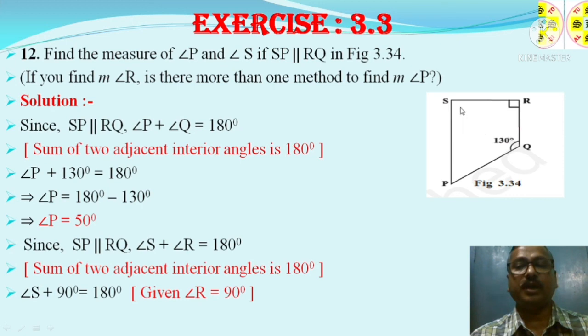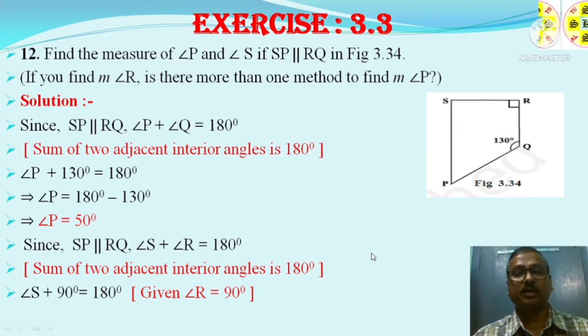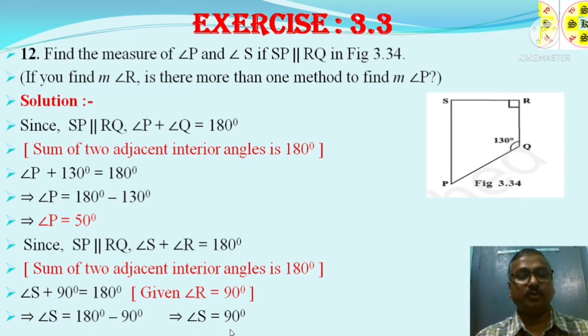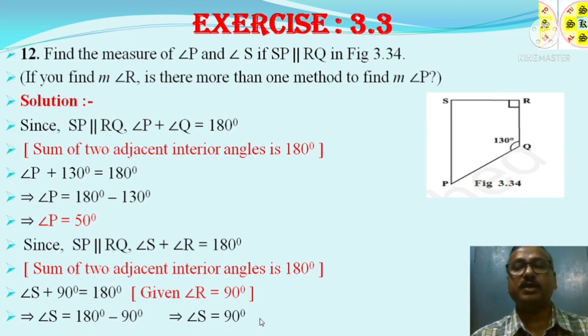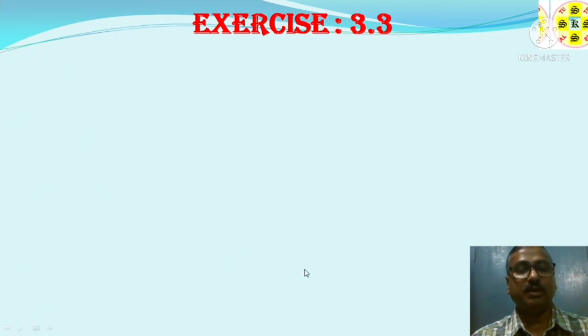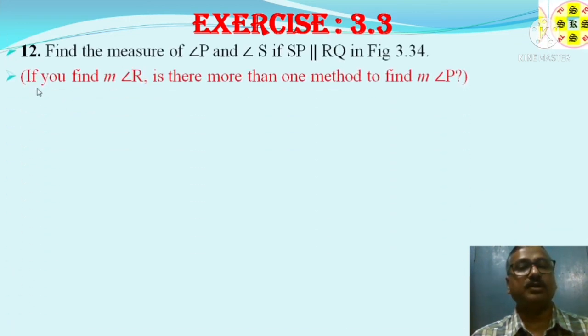So we can find angle S. The first part asks to find angle P and S. Therefore ultimately angle S equals 90 degrees. So in the first part, angle P is 50 degrees and angle S is 90 degrees.